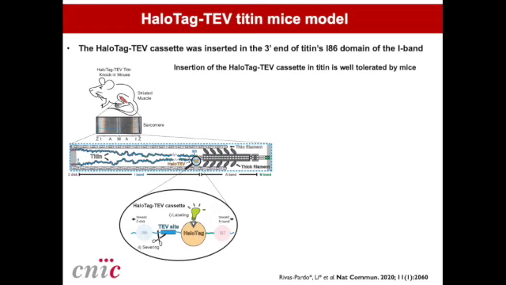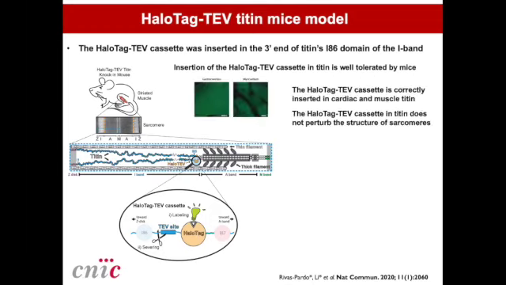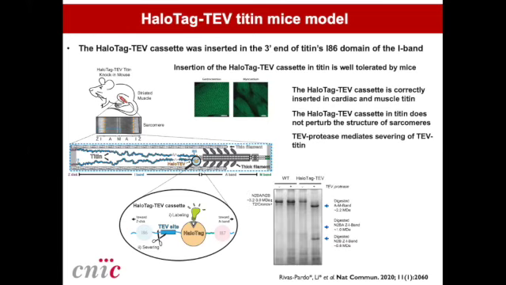They found that the insertion of the cassette is well tolerated in mice, and thanks to the HaloTag, we can see the structure of the sarcomere because we follow titin in vivo. They also found that this insertion does not perturb the structure of the sarcomere. The ex vivo and in vitro experiments demonstrate that TEV protease mediates the severing of titin at the TEV site.